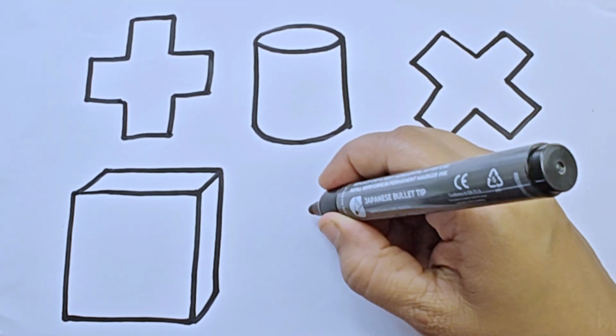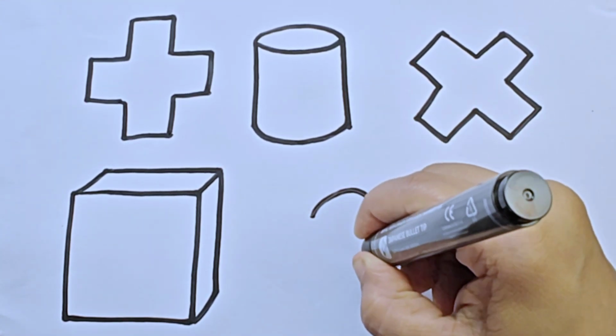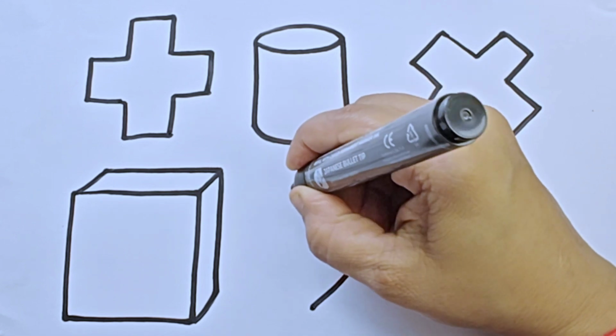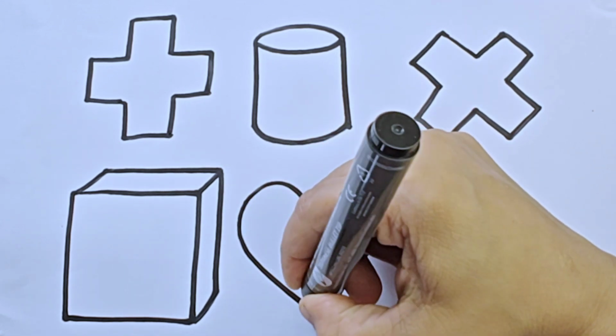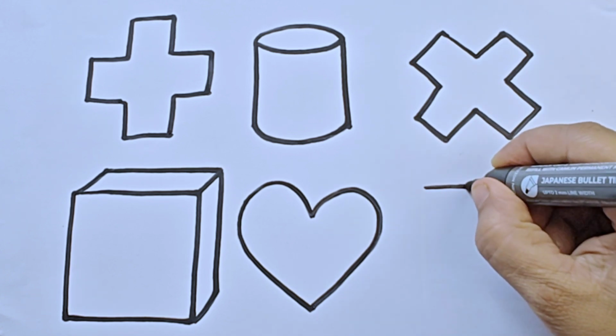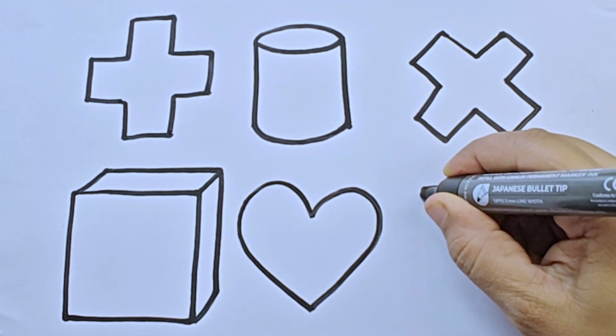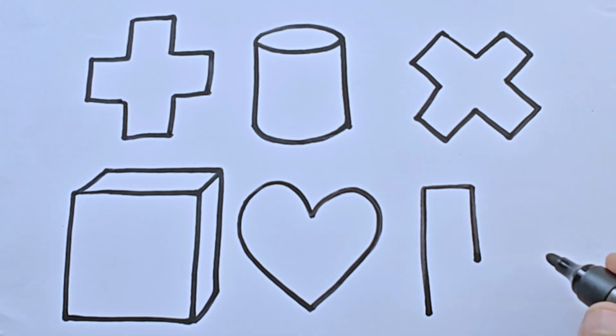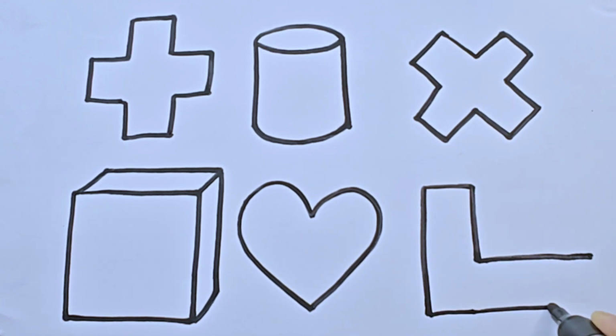Cube is a 3D shape. It is heart. It is L shape. Now let us know about the color name.